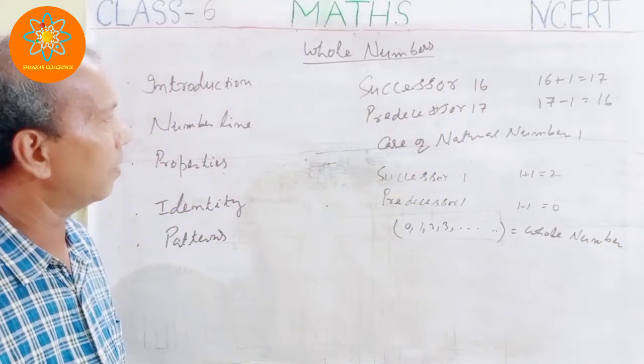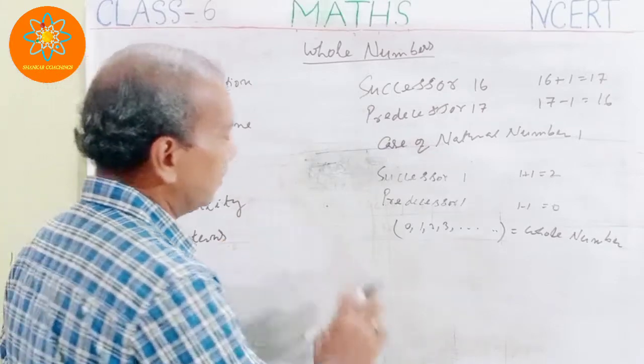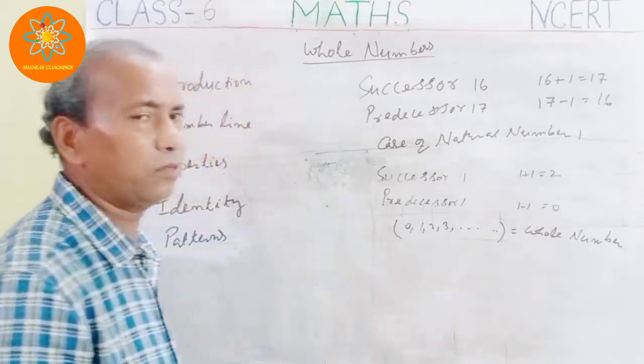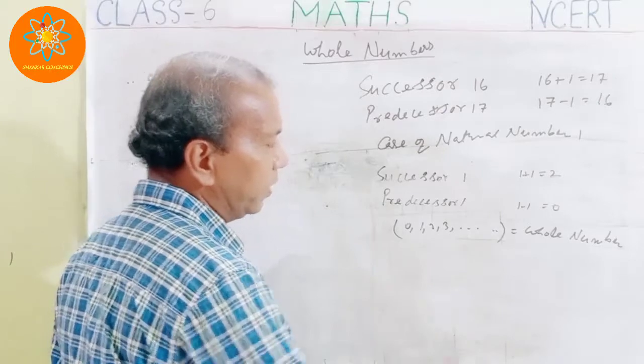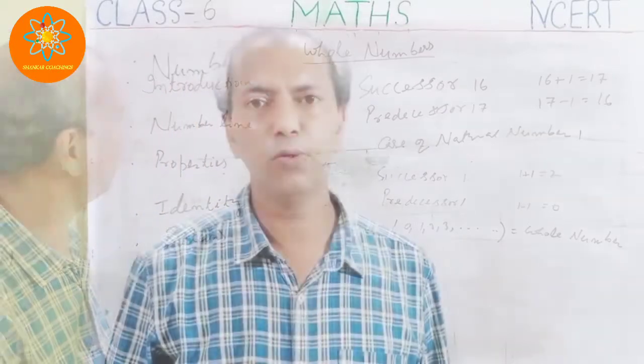So we derive the whole numbers from natural numbers. Natural numbers are 1, 2, 3, and if I start from 0, 1, 2, 3, then it is called the whole numbers. So this is all about the introduction.